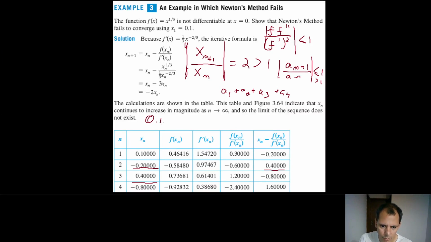You got 0.1, multiply this by minus 2, because you got a minus 2 here. So you have minus 0.2, and then 0.4, minus 0.8, 1.6, minus 3.2, so it's just spacing out, and you don't want that. Let's just say that it's 1, instead of being less than 1. Is it going to converge?